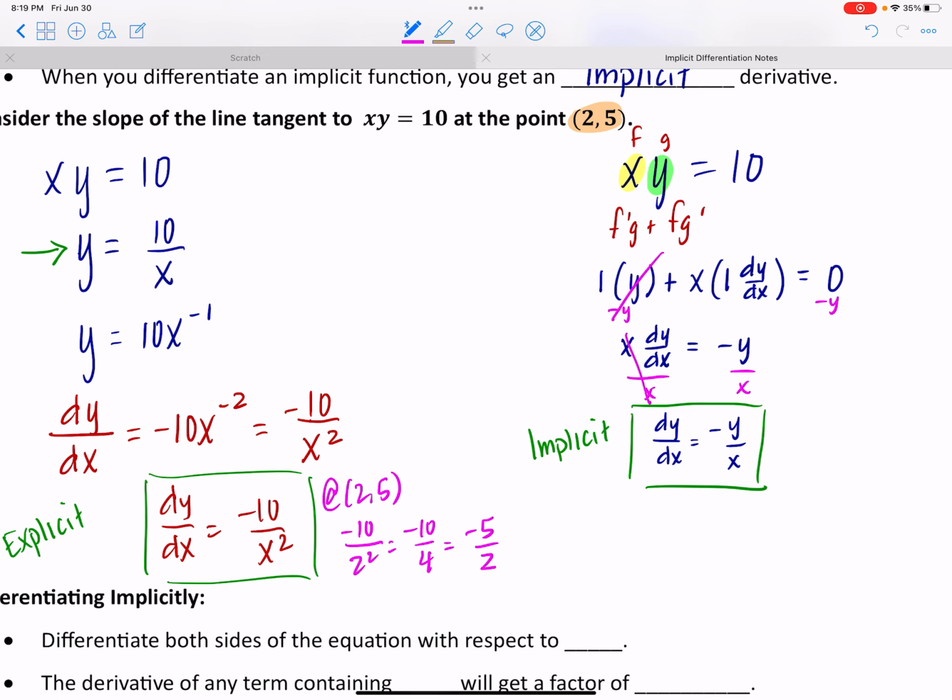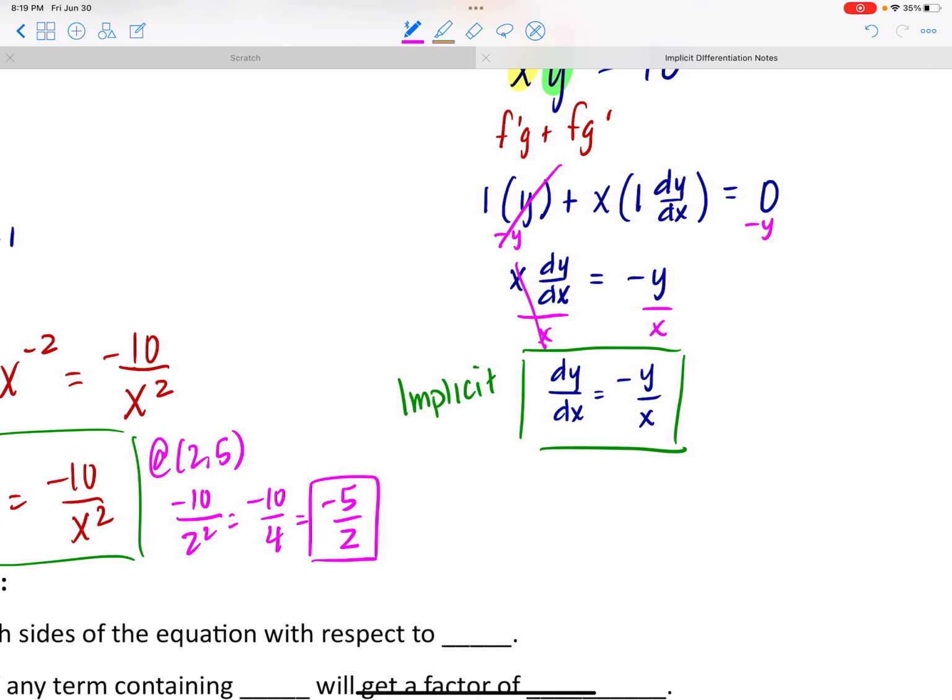So the slope of the line tangent to this function at that point of tangency 2, 5 would be negative 5 halves. Okay? So over here we have a different looking derivative, but again, if I evaluate this at the point 2, 5, I'm going to plug in 2 for x and 5 for y because both variables are in my derivative, and I'm going to get a negative 5 on the top and a 2 on the bottom, the exact same slope.